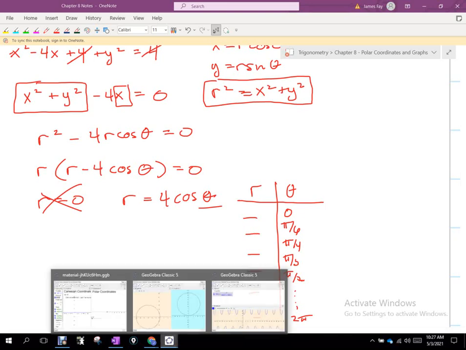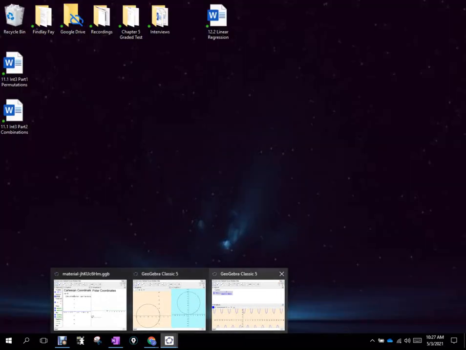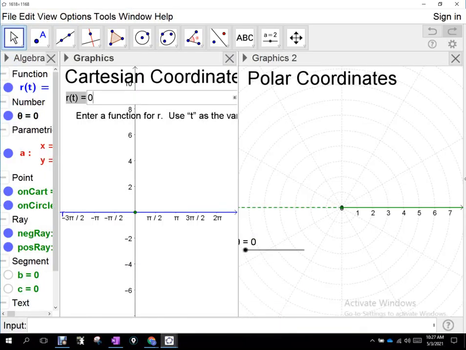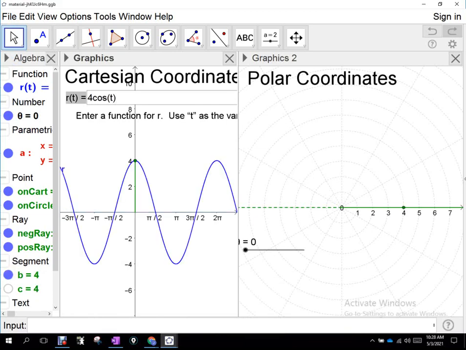If we did that over and over again for 4 cosine of theta, which we know looks like this, right? This is the cosine function, stretched by a factor of 4. Now what we're going to do is insert theta and capture the r that comes out of that, right? Does that make sense?